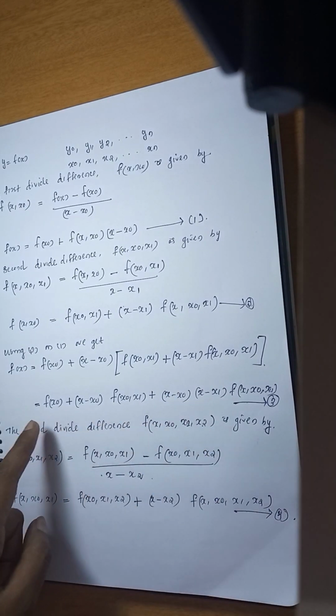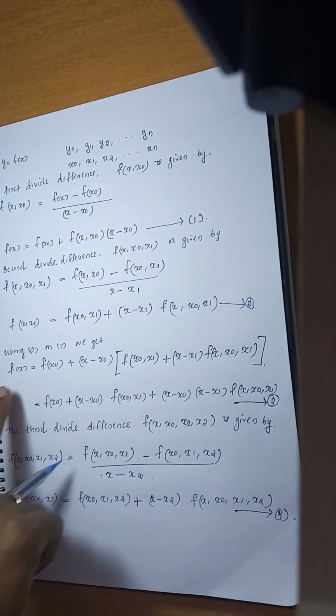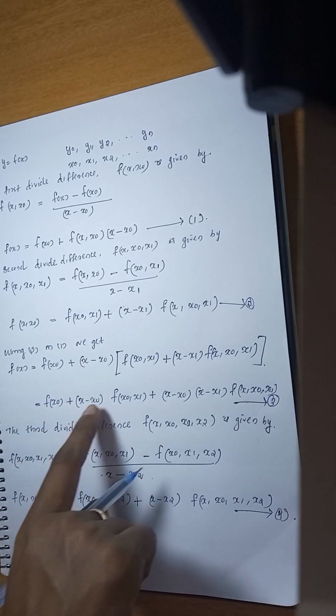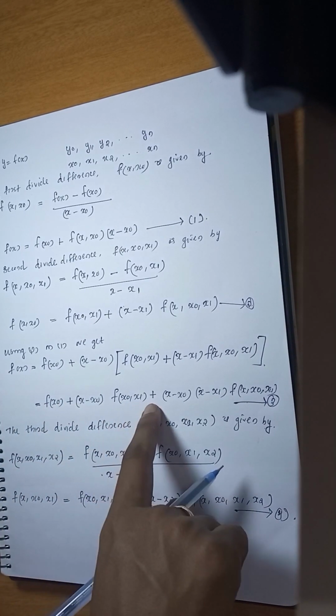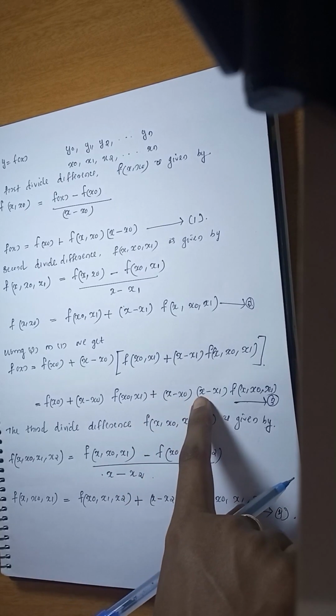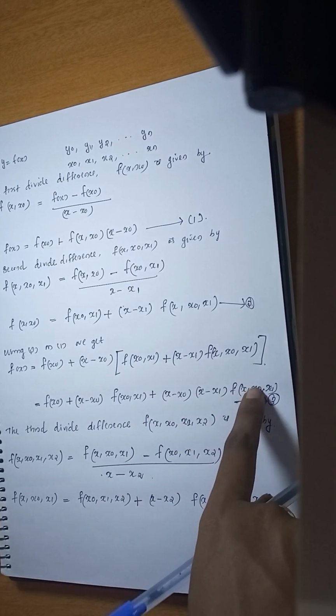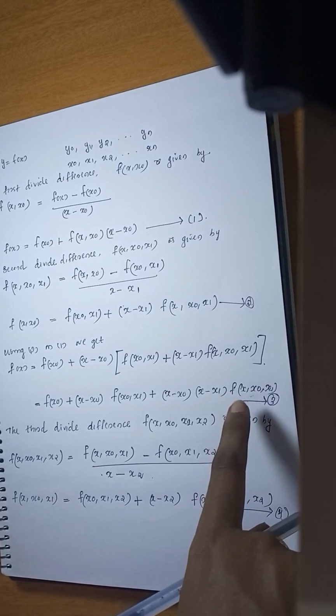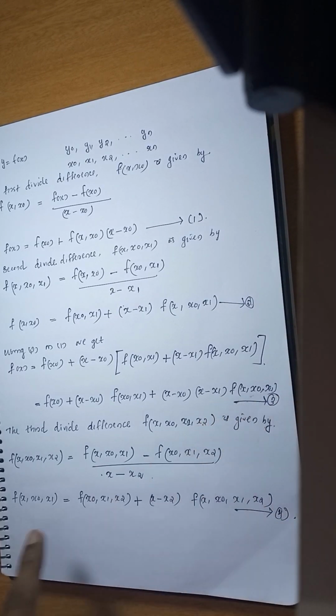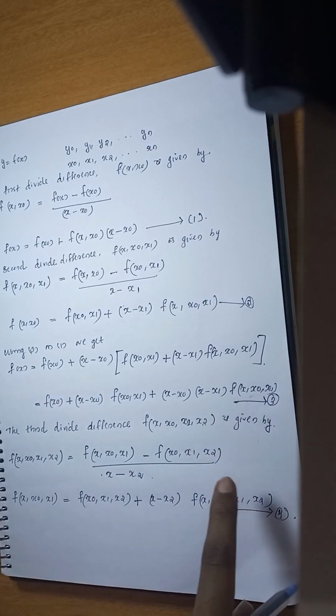Now this is our equation number 3, that is f of x is equal to f of x0 plus x minus x0 into f of x0 comma x1 plus x minus x0 into x minus x1 into f of x comma x0 comma x1. Now instead of this f of x comma x0 comma x1 we can substitute equation number 4.